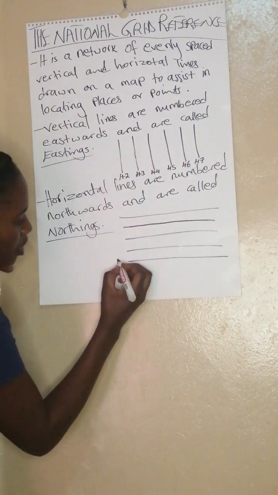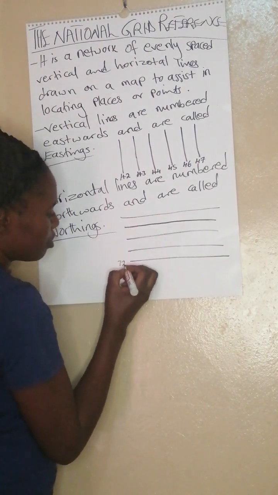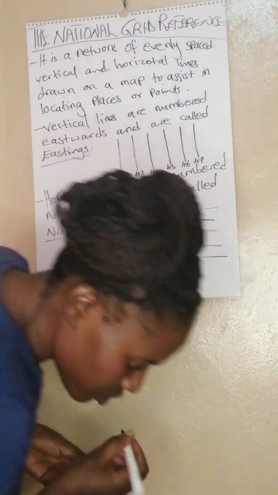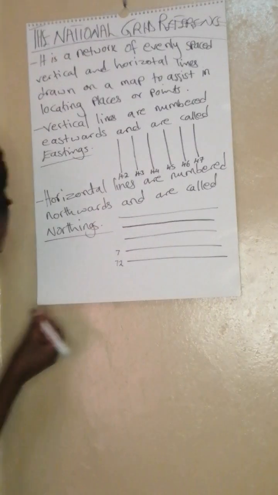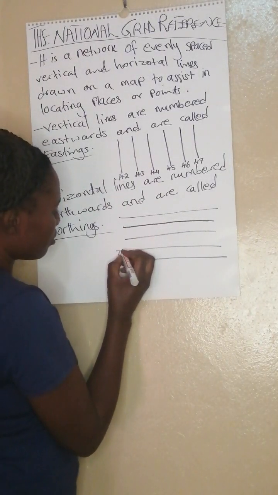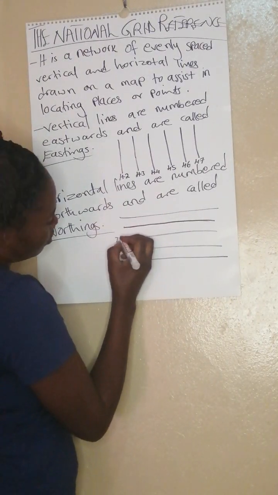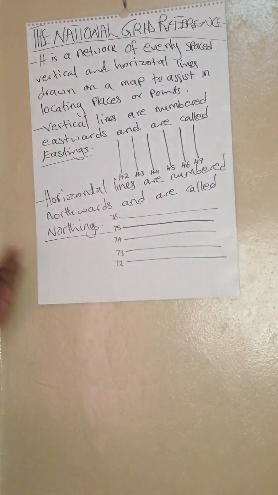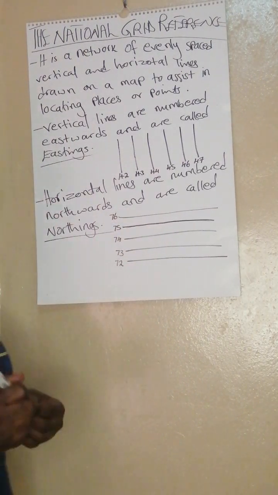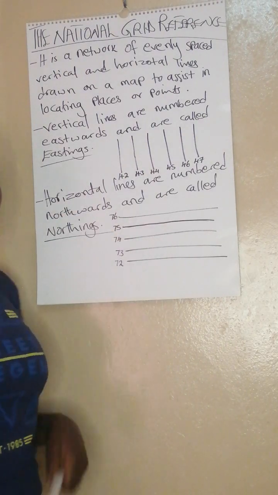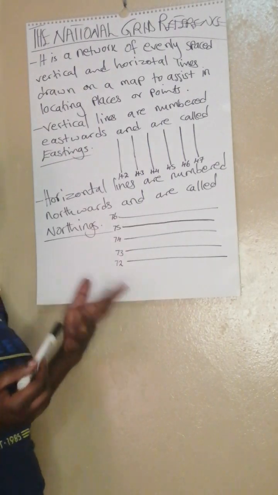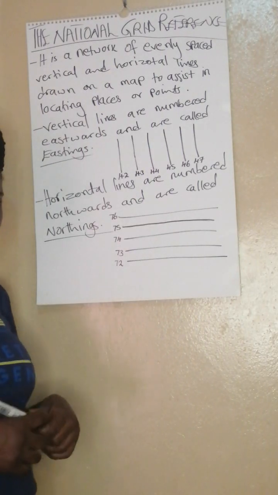So this can be line 72, 73, 74, 75, 76, and it goes up like that. So horizontal lines are numbered northwards, and therefore they are called northings.